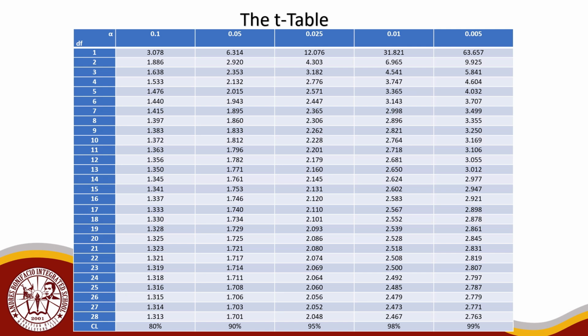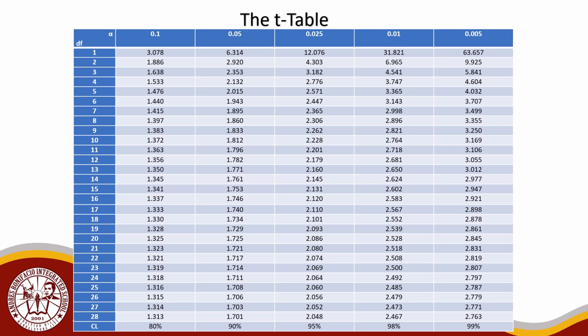And then on the uppermost row, nandoon naman yung alpha or yung area. Okay, dito yung area ng mga nandito is the area on the right tail. So 0.1, 0.05, 0.025, 0.01, and then 0.005.